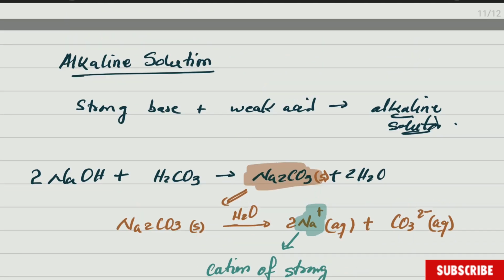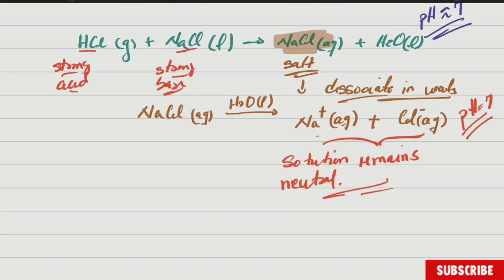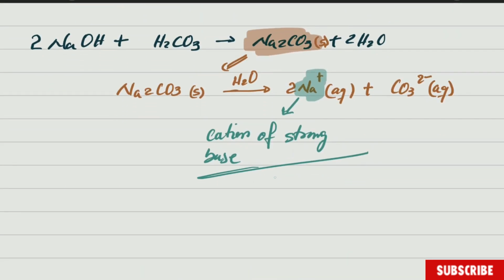And I want to go back here, guys. See there? Cations of strong bases do not undergo hydrolysis. So this one here does not go through hydrolysis. But the anion there does go through hydrolysis.